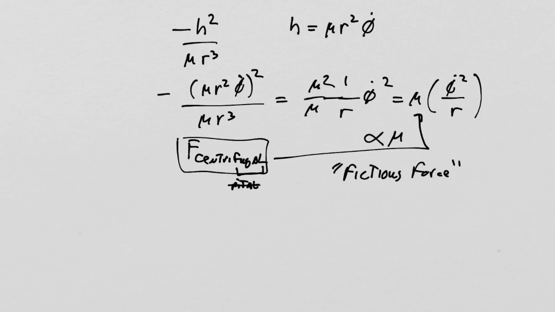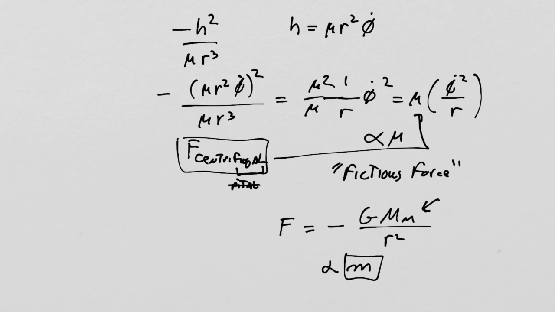And that's really important, because if you look at the force of gravity in the Newtonian system, it's minus G times the mass of the gravitating body times the mass of the falling body over r squared. That force is proportional to mass. And then all of a sudden you can start thinking, whoa, could it be that gravity is a fictitious force of some kind? Could it be that gravity is all dependent on the coordinate system?